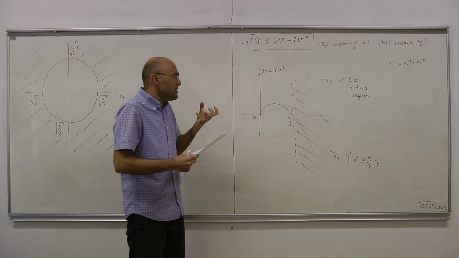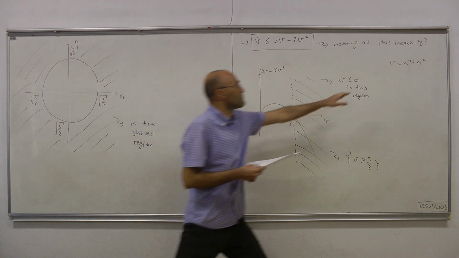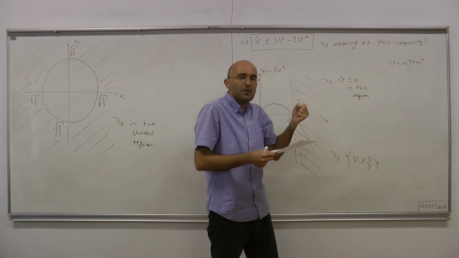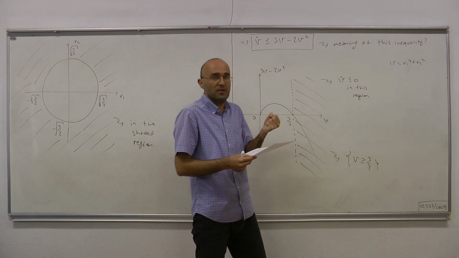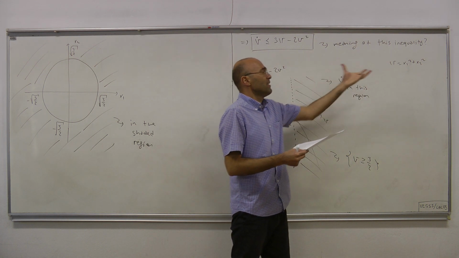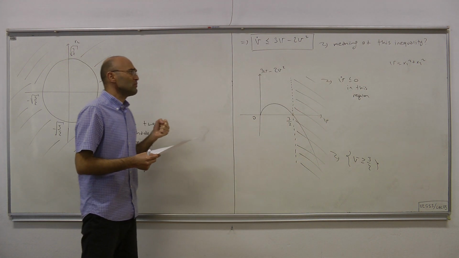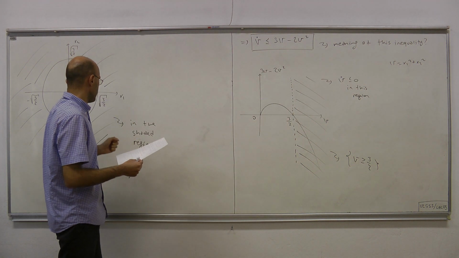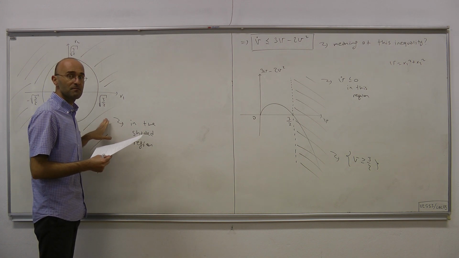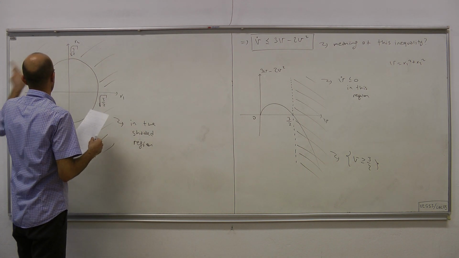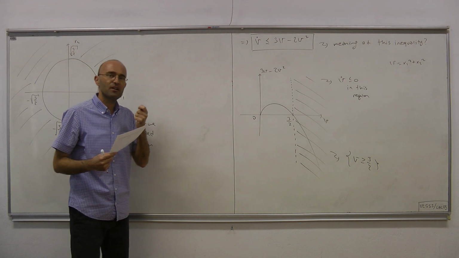Okay? Now v decreasing means, since v was the norm square, it is decreasing. Therefore, norm itself is decreasing because norm is always positive. Therefore, the Euclidean norm, or the Euclidean distance from the origin, when the state is somewhere on the shaded region, must decrease.